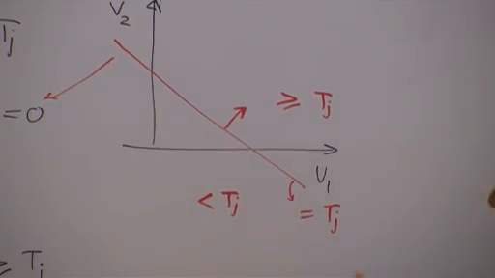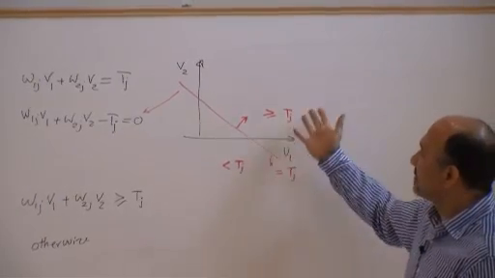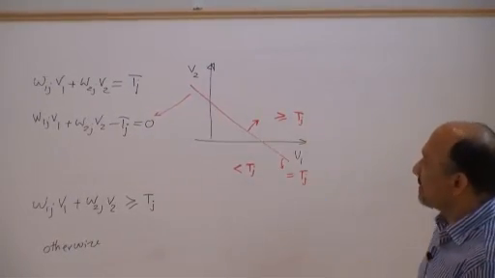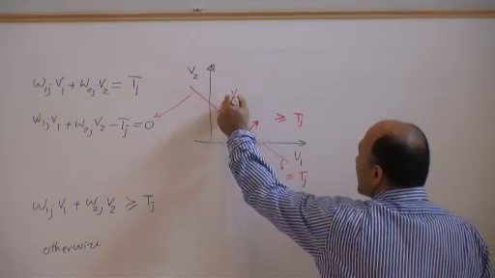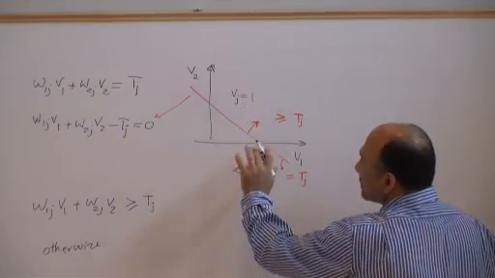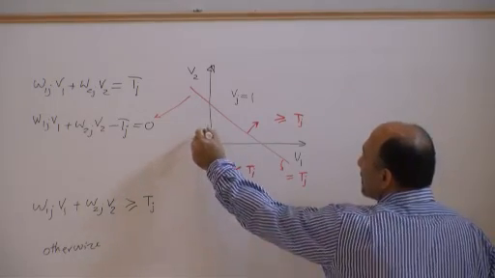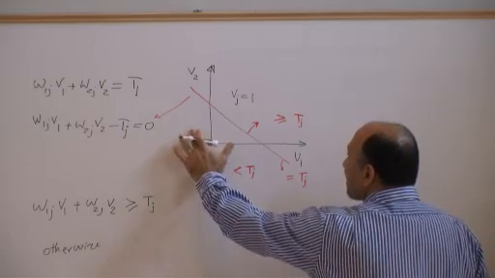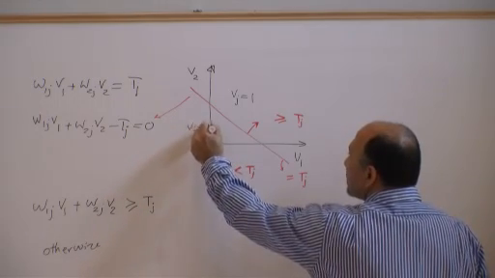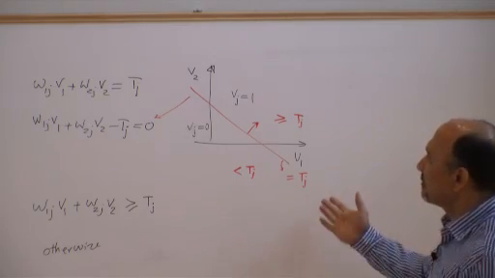So the neuron is dividing the space into two. When we are bigger than the threshold, the state of the neuron, Vj, is equal to 1. When we are less than the threshold, the state of the neuron, Vj, is equal to 0. So that's what a simple neuron does.